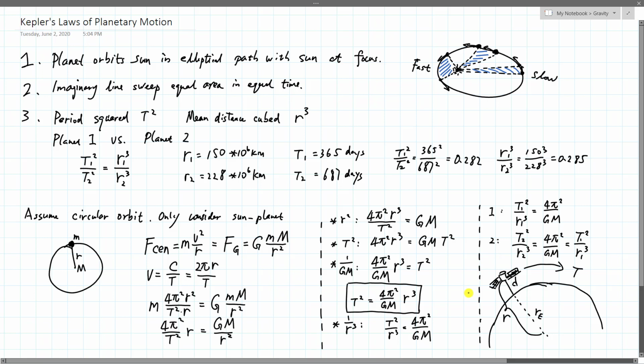So that kind of orbit is called a geostationary orbit. That orbit is about 36,000 kilometers from the Earth's surface, but I think you can calculate that out yourself if you know the Earth's radius and also the Earth's mass.